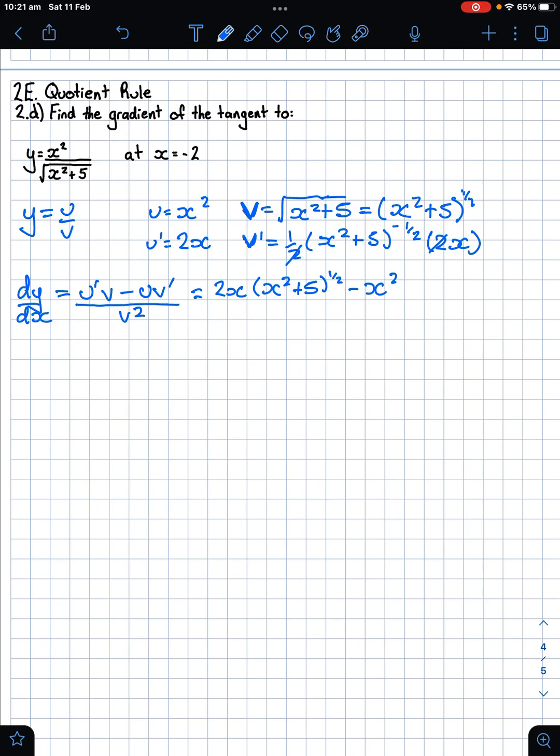I'm going to move the x out the front: x times x squared plus 5 to the negative half. This is all over v squared, so v is this term in the bracket, squared.